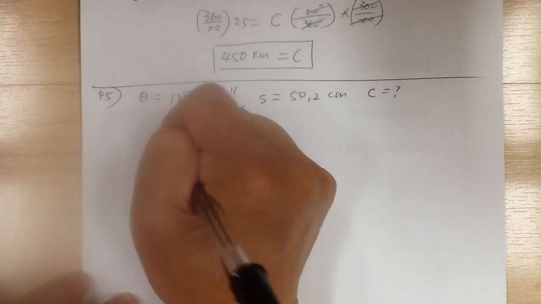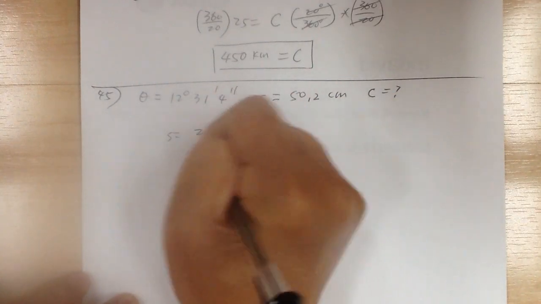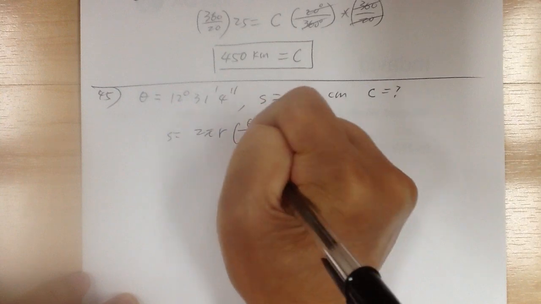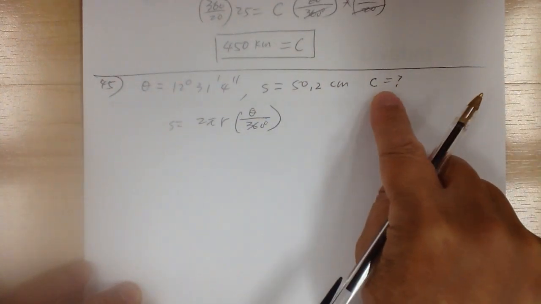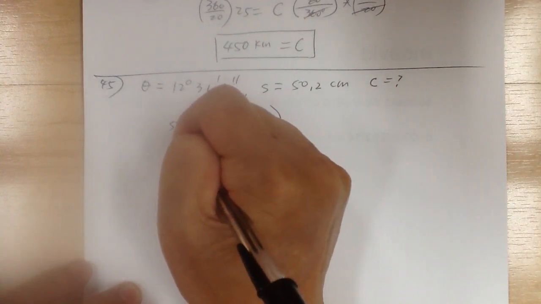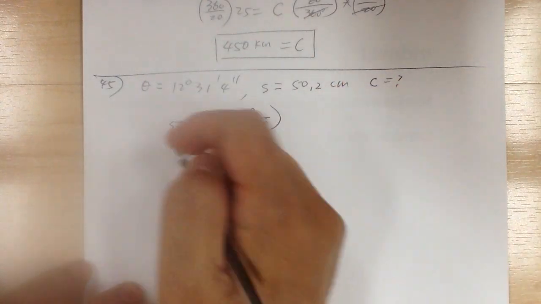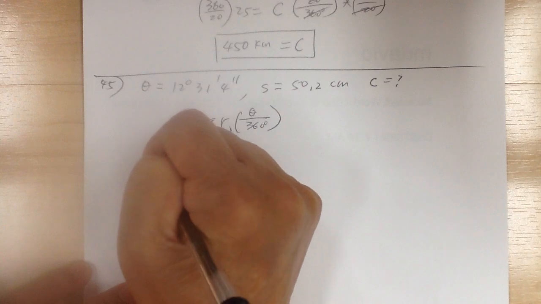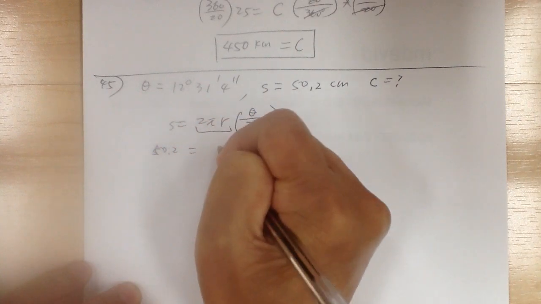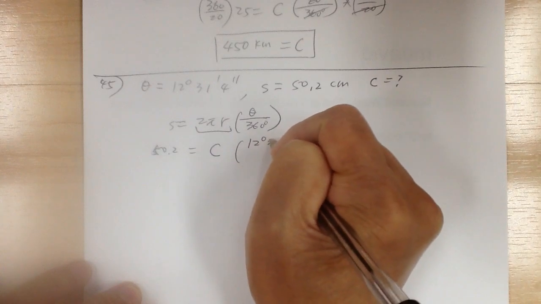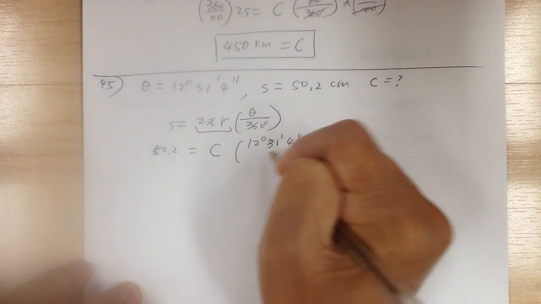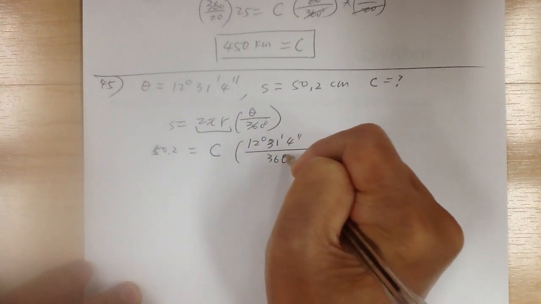S equal to 2 pi r, that's a whole circle, times theta over 360 degrees. And again, C is the circumference. So substituting, you get 50.2 equal to C times 12 degrees 31 minutes 4 seconds over 360 degrees.